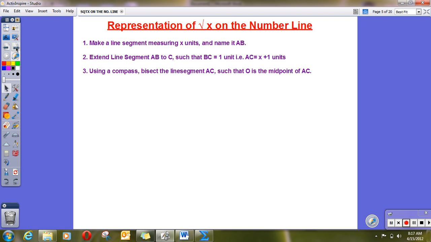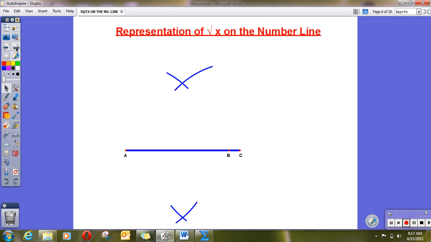Then, the third step, using a compass, bisect the line segment AC such that O is the midpoint of AC. Let's do it.